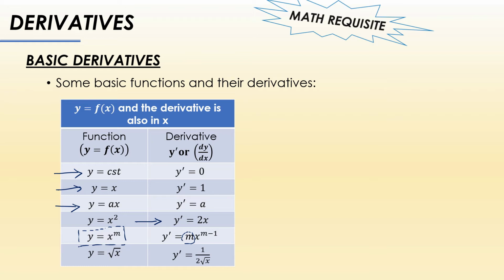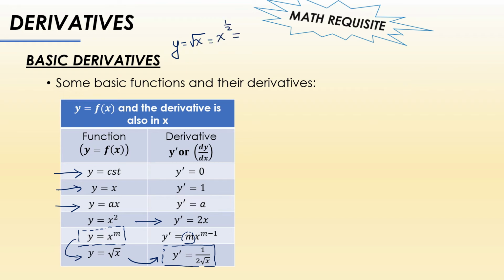Now, a direct consequence of this equation is when y equals the square root of x, the derivative is y prime equals 1 over 2 square root of x. I will pause a bit here and generate the last equation that we have seen from the equation before it. So y equals square root of x, which is nothing but x to power half.